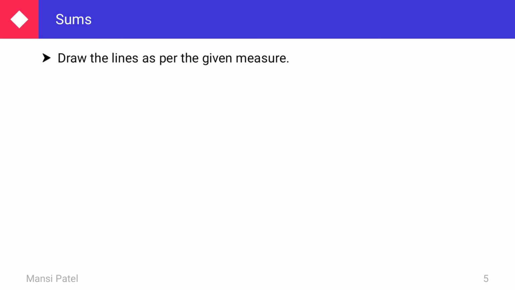Draw the line as per the given measurement. Here I am giving one measurement to you, and according to that measurement you have to draw one line. But be careful. Whenever you have to draw any line in math subject, always use pencil and scale only.